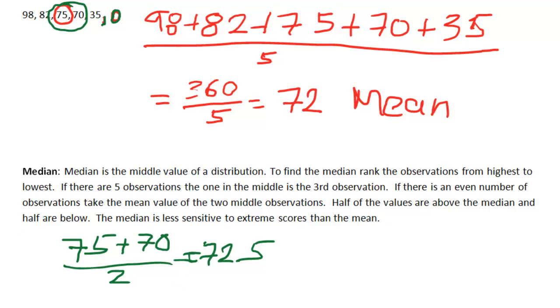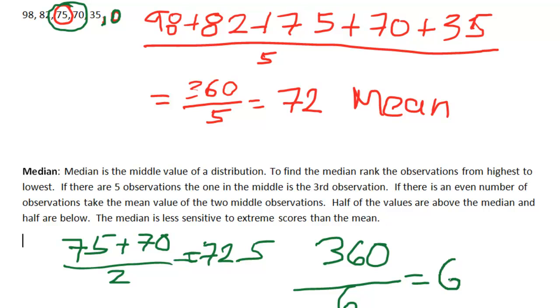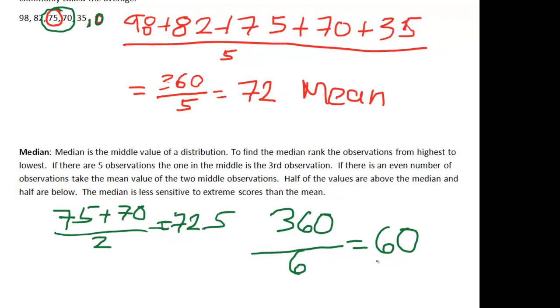Because it's a 0, it doesn't affect my numerator, but I still now have 6 scores. So 360 divided by 6 gives me an average score of 60%. I had a 72 average, now I have somebody who didn't get any right, and I hope that doesn't happen. But that gives me a 60%.